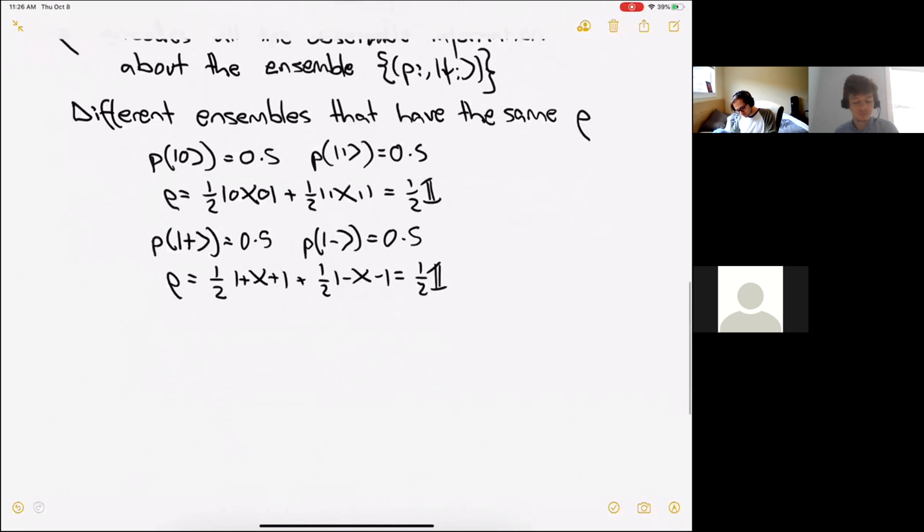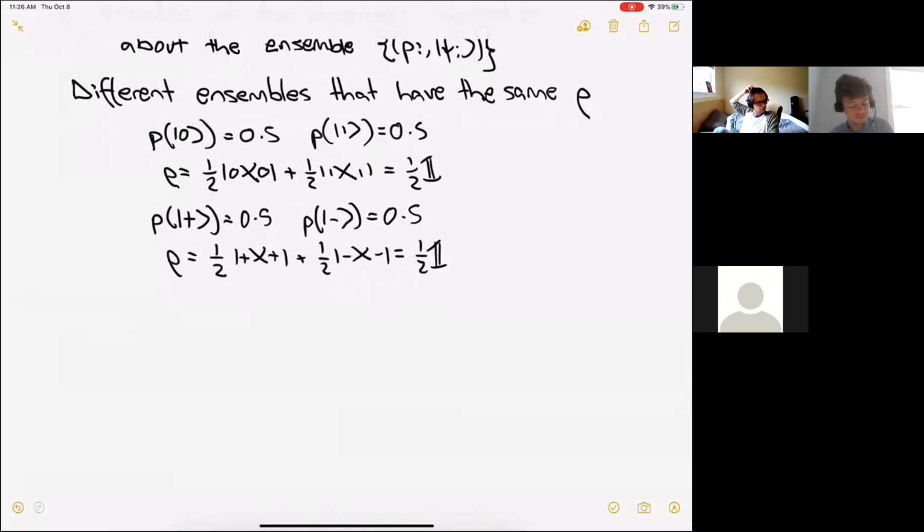But in terms of the things we care about, which are the physical consequences of having a state, the physical measurement outcomes that we would observe, all those ensembles give exactly the same outcomes.